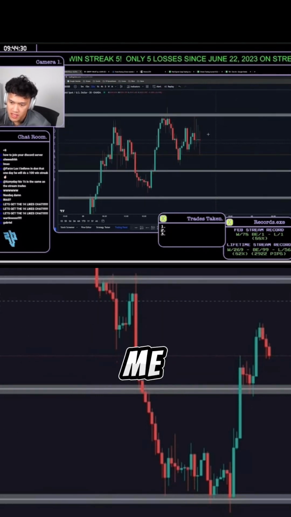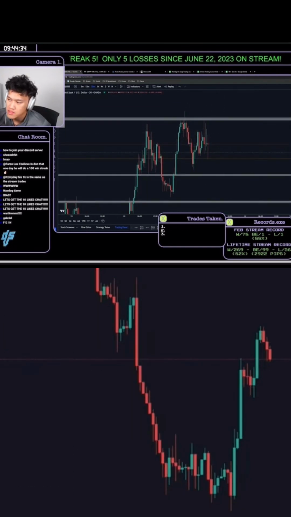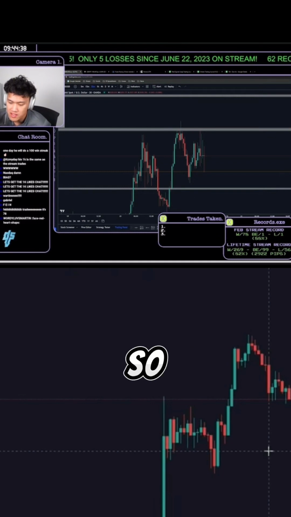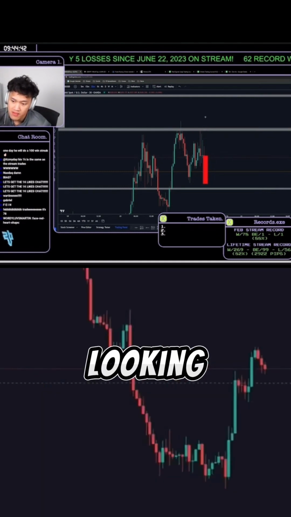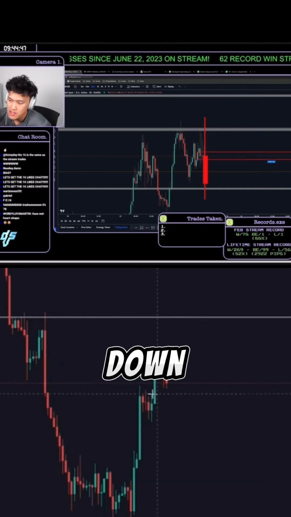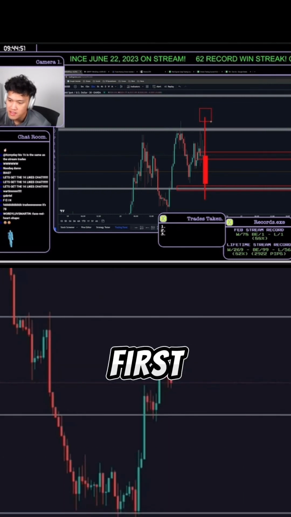Like today, for instance, for me, I'm looking for sells below at 28 and 29, but only if you come up for a top wick first. So let's say you come up like this, right? And you flip bearish, I'm looking for sells in the flip down towards 25. I'm looking for whatever this is down towards here, but I need to see this being grabbed first, right?